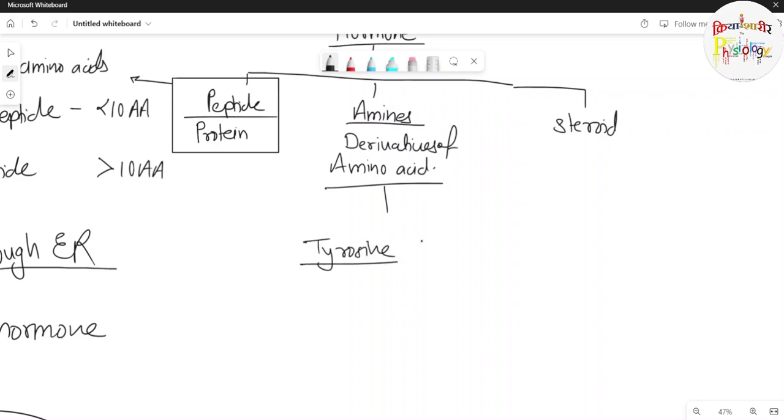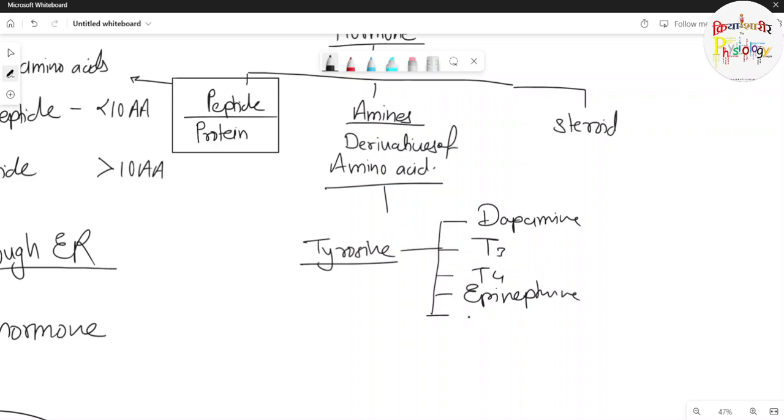Tyrosine undergoes many enzymatic reactions and forms multiple hormones. Tyrosine is modified into dopamine. T3 and T4 are derivatives of tyrosine. Epinephrine and norepinephrine are also derivatives of tyrosine.